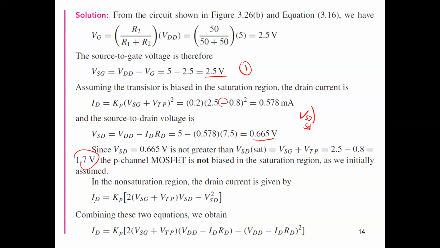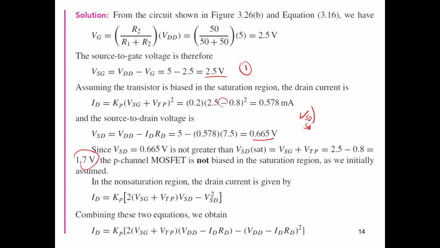So firstly, ID equals the Kp constant, 2 VSG. VSG is calculated as 2.5, VTP is given, and VSD is unknown.